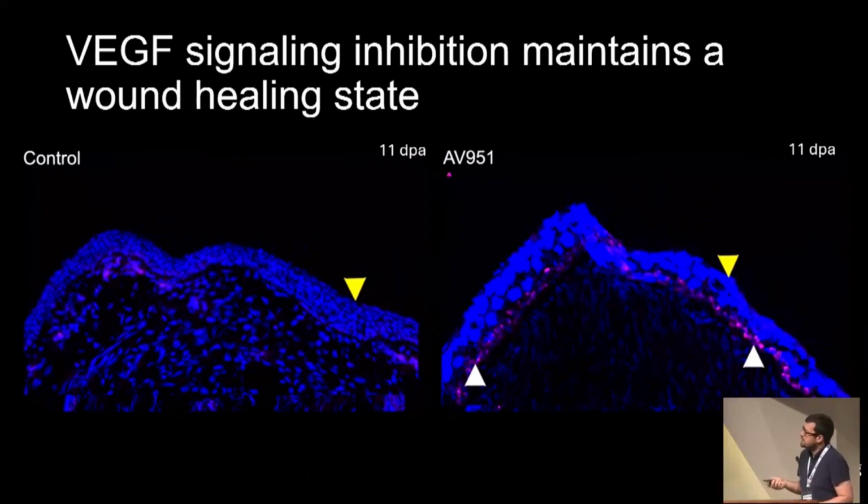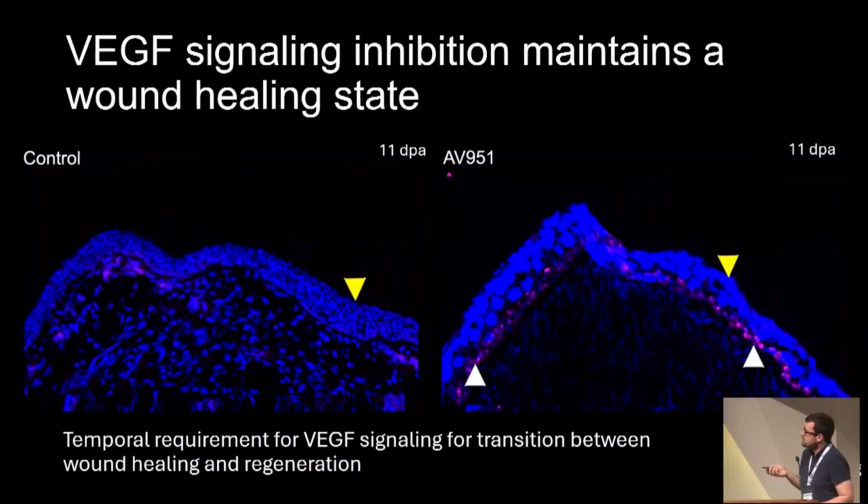And this makes sense because there are a lot of papers that suggest that AREG induces VEGF signaling, so maybe it requires angiogenesis to resolve this. So this suggests there is a temporal requirement for VEGF signaling in the transition between wound healing and regeneration.